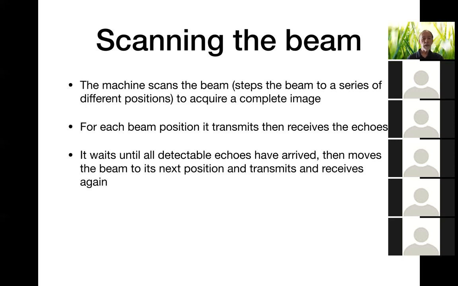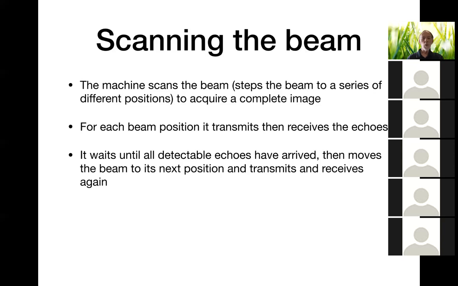If it doesn't obey this rule, we get an artifact called range ambiguity, which causes tissue structures to be displayed at the wrong depth. So this is an essential rule, and it limits how quickly the machine can make each image.